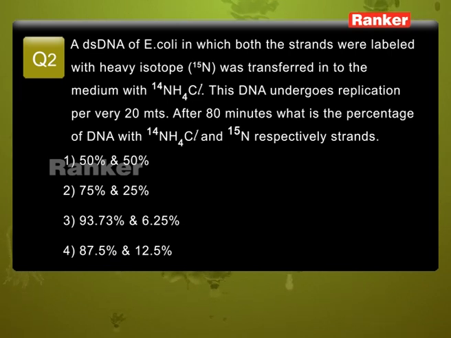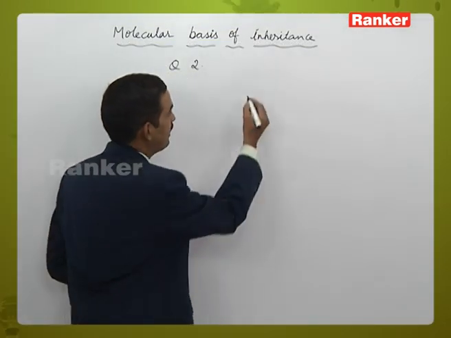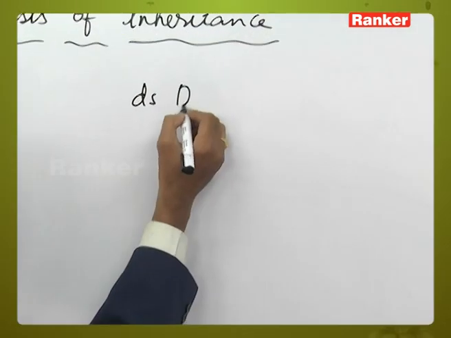After 80 minutes, what is the percentage of DNA with N14 and N15 respective strands? Options: 1, 50% and 50%; 2, 75% and 25%; 3, 93.73% and 6.25%; 4, 87.5% and 12.5%.